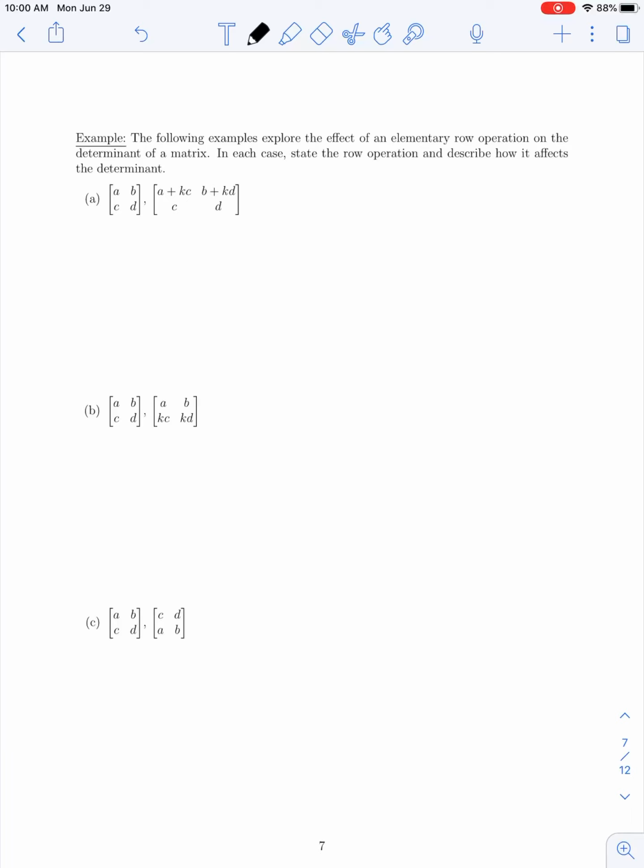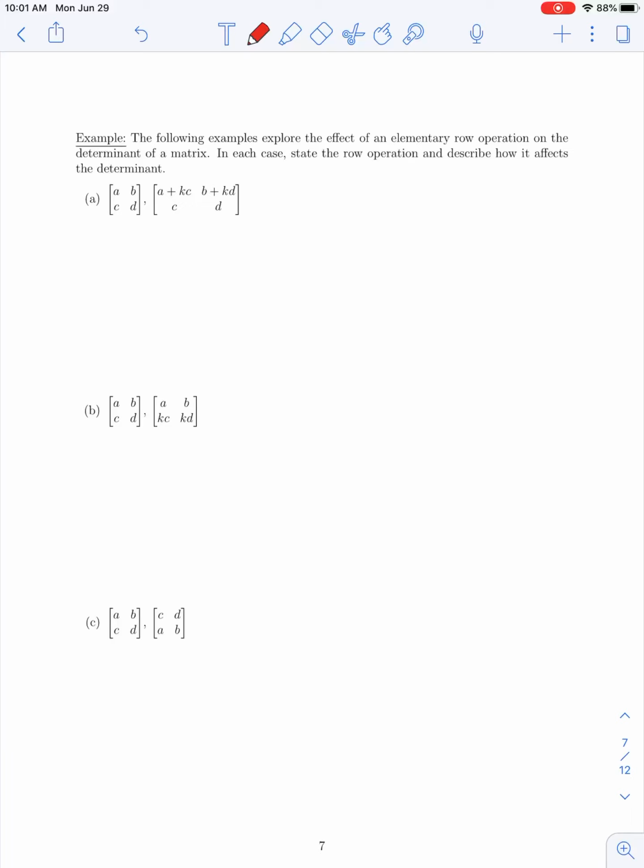In the next examples, we'll consider performing some elementary row operation on a 2x2 matrix. And we're going to see how that row operation would affect the value of the determinant of our matrix. So for the following examples, we want to indicate what row operation is being performed on our matrix and describe its effect on the determinant.